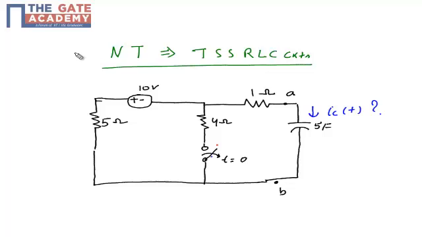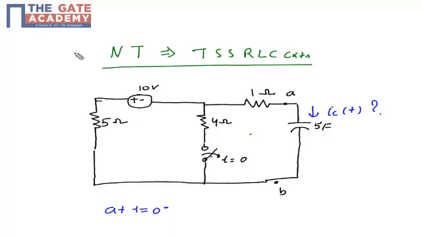Before that, at t is equal to 0 minus, when this knob is closed, the circuit is in a steady state. So we need to observe the circuit at t is equal to 0 minus, and then we will proceed to t is equal to 0 plus, or when the knob is open.